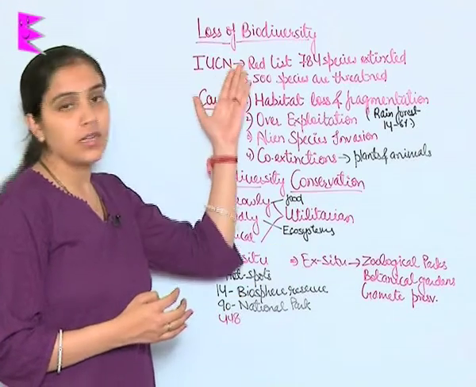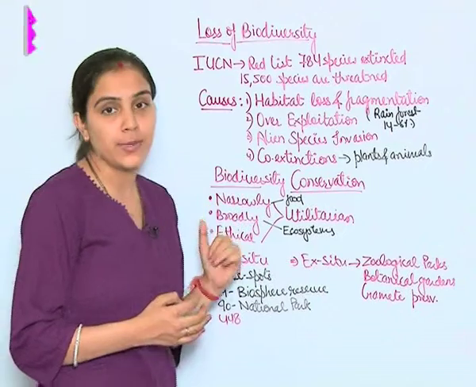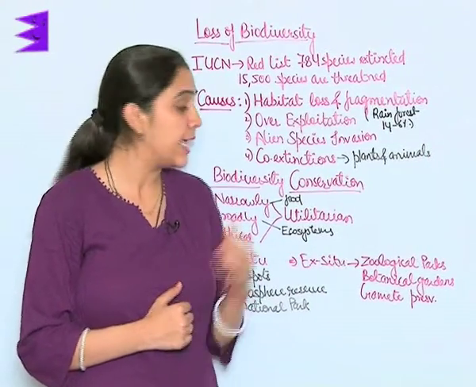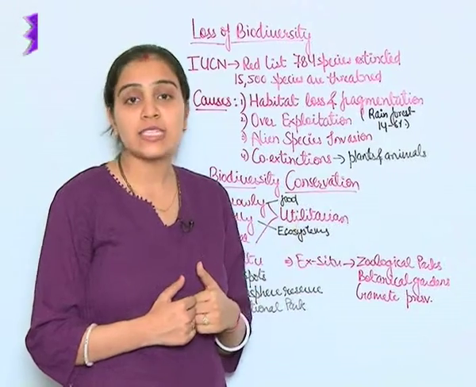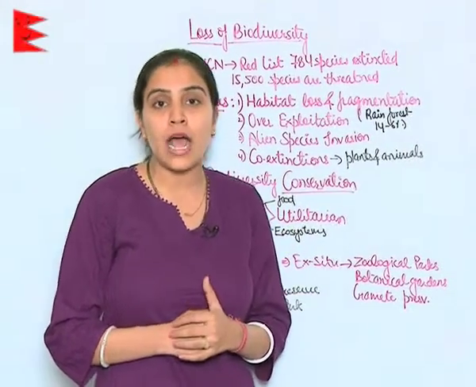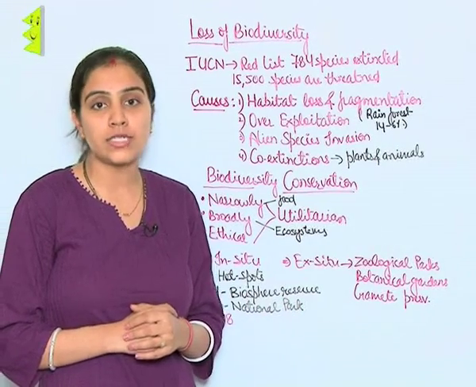So this is about loss of biodiversity and how we conserve biodiversity. The importance of this chapter is to tell you that the human race is surviving on biodiversity only, because without plants and animals and their products we cannot survive.